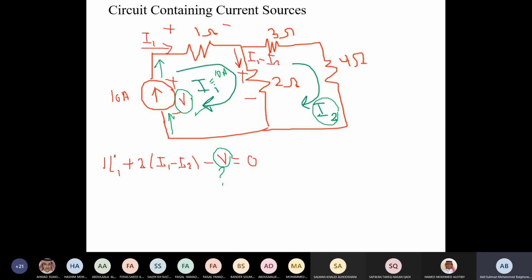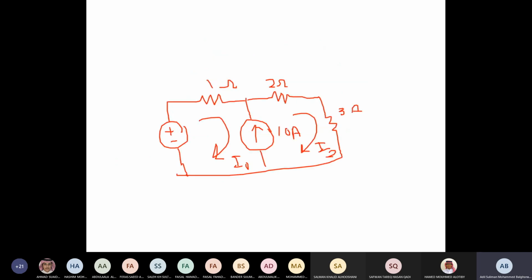Okay, what if you have this situation? The current source is between two meshes like this. Here I cannot come and say I1 is equal to 10 or I2 is equal to 10. It's not this.